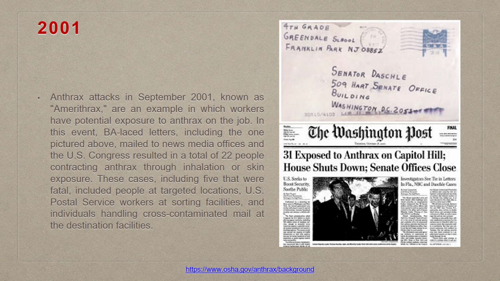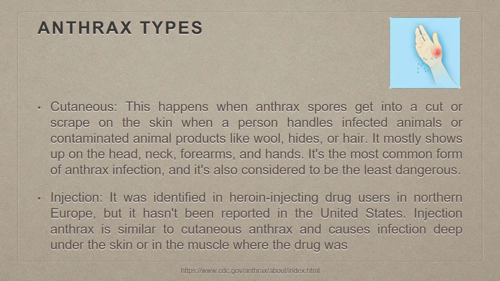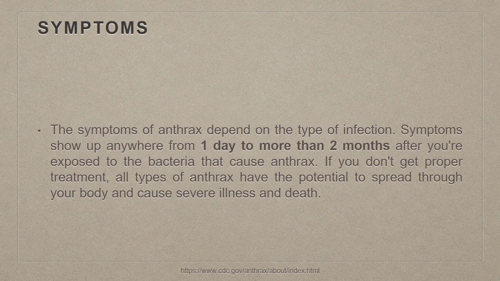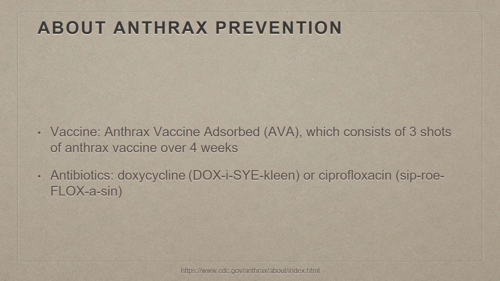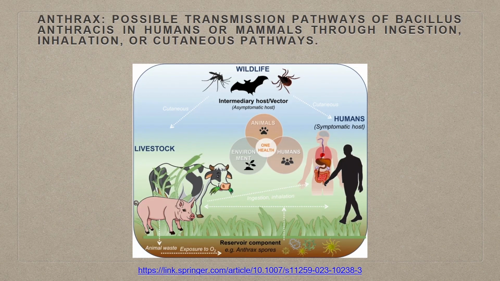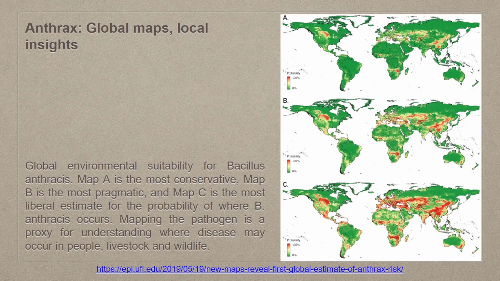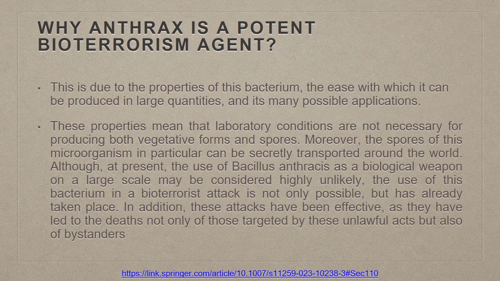When we talked about anthrax, we started with the September 2001 anthrax attack and how anthrax remains in the ecosystem and gets transmitted. Then the different types of anthrax and the symptoms, especially cutaneous, inhalation, and gastrointestinal, and anthrax prevention, especially anthrax at certain jobs, and the possible routes of transmission, the global map and local insight, the anthrax map of 3 continents, and why anthrax is a potent bioterrorism agent.